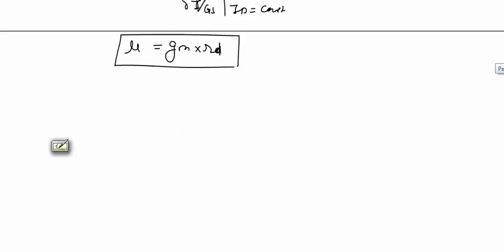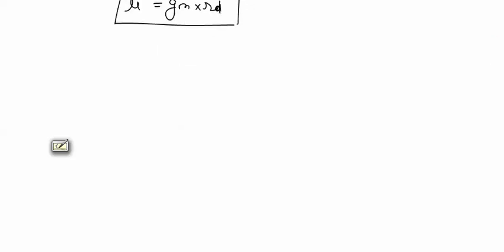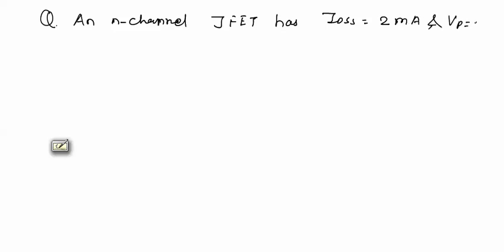For JFET, now we will solve some problems on JFET. An N-channel JFET has IDSS equal to 2 milliamperes and Vp equal to -4 volt.